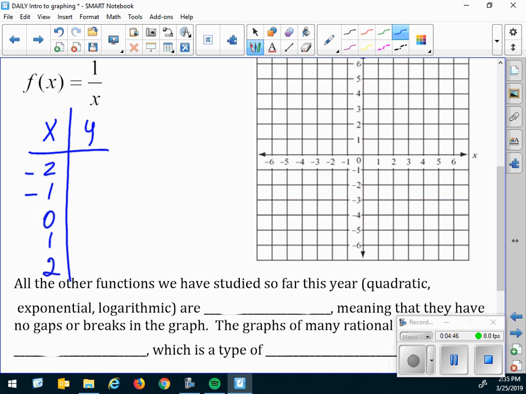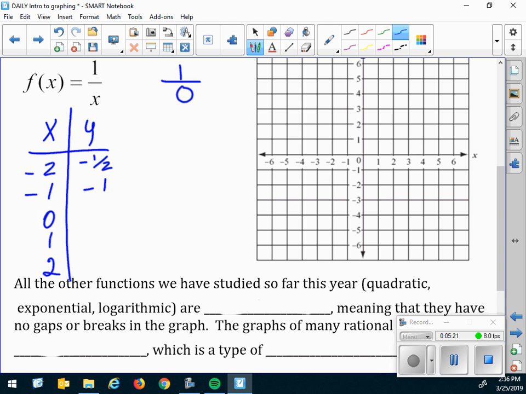If we let x equal -2, then this thing is 1 over -2. What is that number? That's -1/2. What if x is -1? Then it's just 1 divided by -1, which is -1, right? What if x is 0? It's undefined.